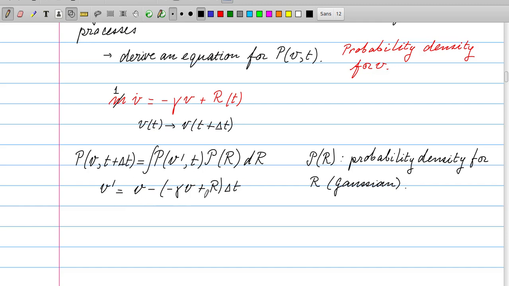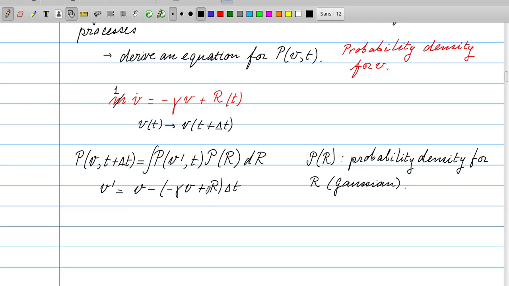And the probability that we go from v primed to v is the probability with which we can generate a random force r, which satisfies this equation. So the probability to go from a particular v primed to a new value v is in fact the probability of this r.